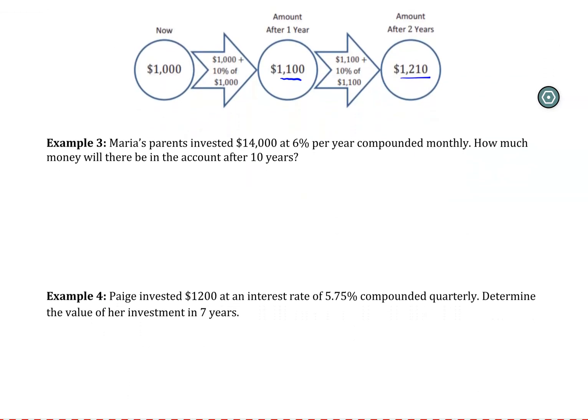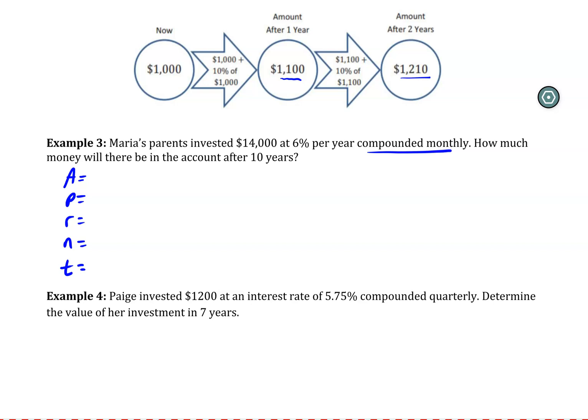All right, so let's look at this one here. We've got Maria's parents invested $14,000 at 6% per year compounded monthly. So once I know that, I know it's a compounded interest question. We can go off to the side and find out our pieces: A equals P, R, N, and T. What do we know?